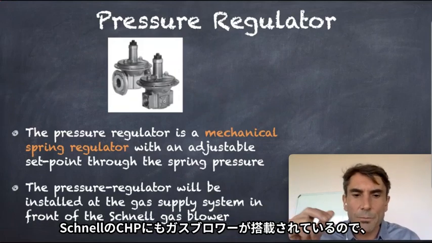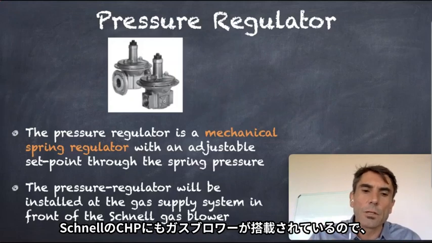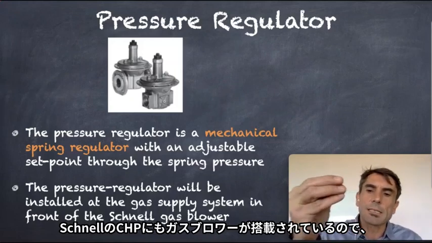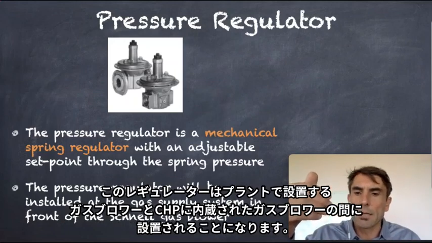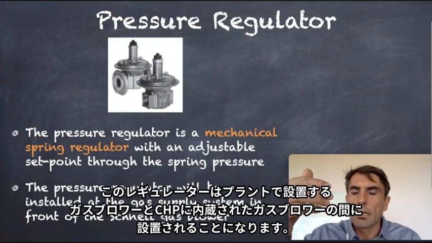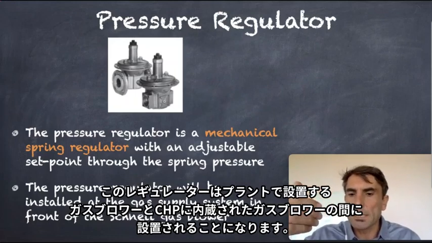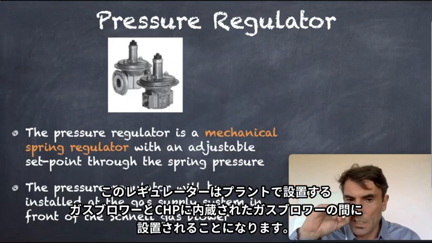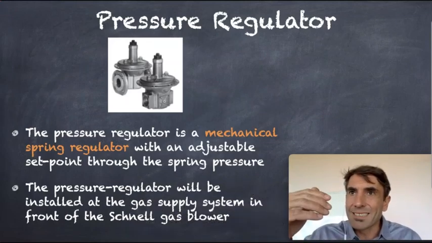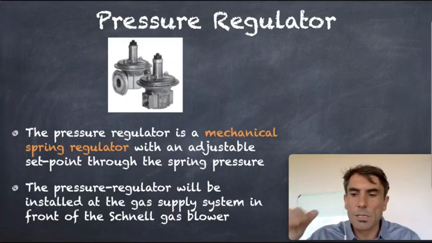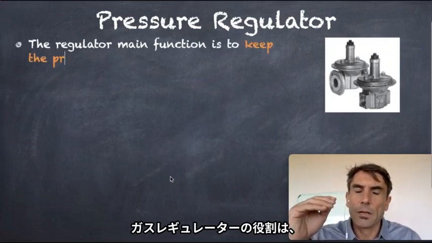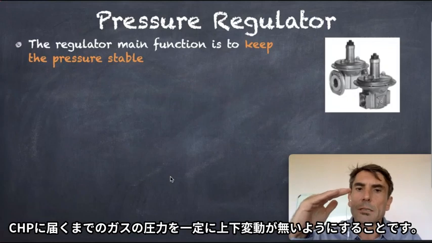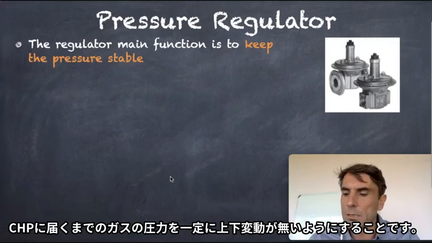The most important thing is that it's usually installed in front of the gas blower of Schnell. If there is a central gas blower to provide gas to the CHPs, then we will have a pressure regulator in front of the gas blower of the CHP, to keep the gas supply and the fluctuations stable. The main function of the gas regulator is to keep the pressure of the gas stable in the gas pipe before it reaches the CHP.